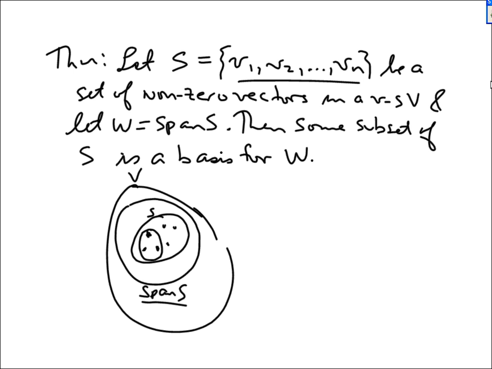That is, you're going to remove some vectors from S, and it's still going to span the same space, and the vectors will now be linearly independent. I'm not going to prove that one. It's not even a hard proof, but I'm not going to prove it.